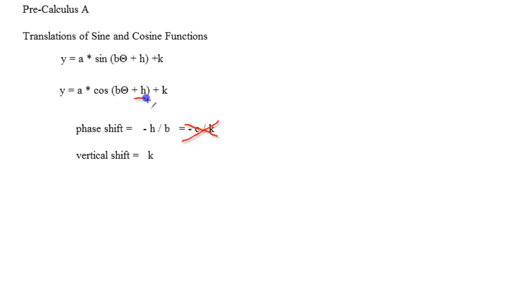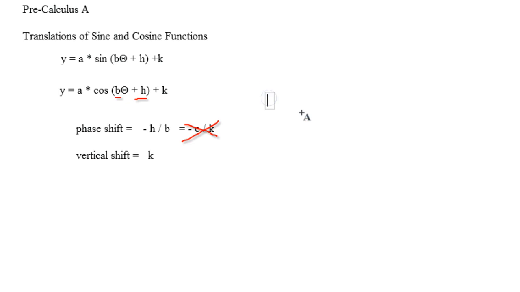So what is it saying? You do the opposite of whatever this number is and you divide it by this number in front of theta. If there is no number in front of theta, treat B as 1. And if there is no number after theta being added or subtracted, treat H as 0.